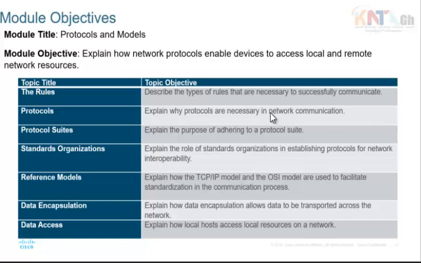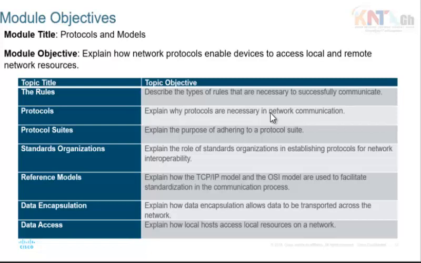Here, we're going to explain the role of standards organizations in establishing protocols for network interoperability. Then we're going to look at reference models and explain why the Transmission Control Protocol/Internet Protocol model and the Open Systems Interconnection model are used to facilitate standardization in the communication process.